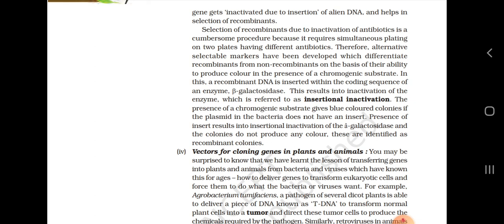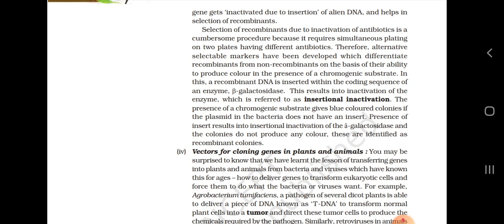When a foreign DNA is inserted in beta galactosidase, the enzyme gets inactivated. Now the bacterial colonies having the inserted plasmid show no coloration, while those without the inserted plasmid form blue color.